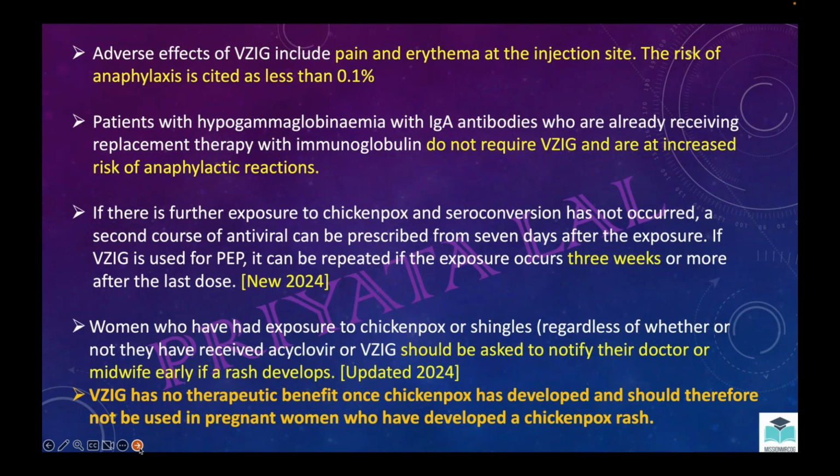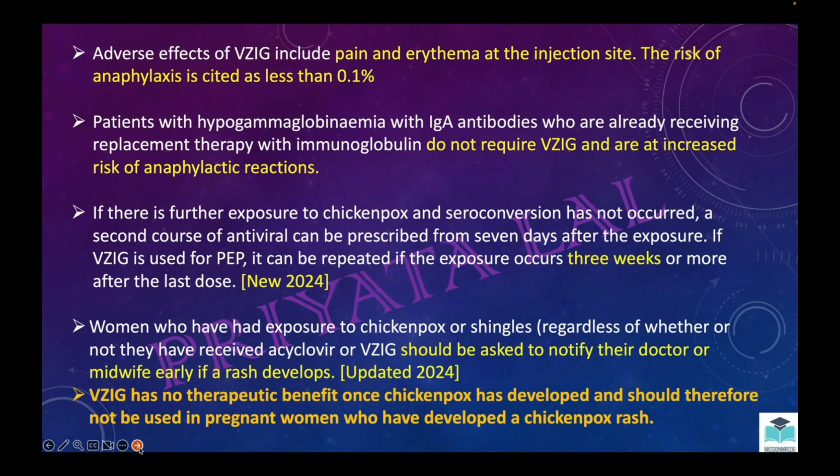Okay, if the patient has a repeated exposure, if exposure to chickenpox occurs a second time and seroconversion has not occurred, then a second course of oral tablets can be given 7 days after exposure. This can also be asked: the patient has taken oral tablets, again she got exposed, then you have to check blood.